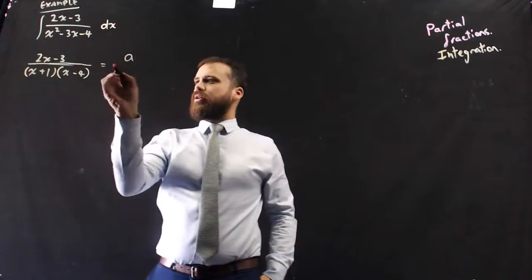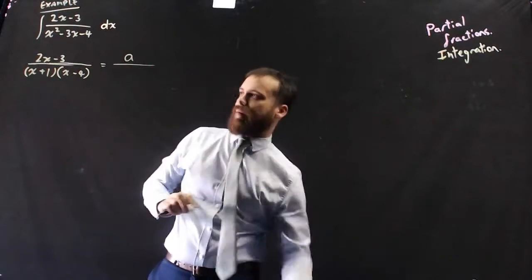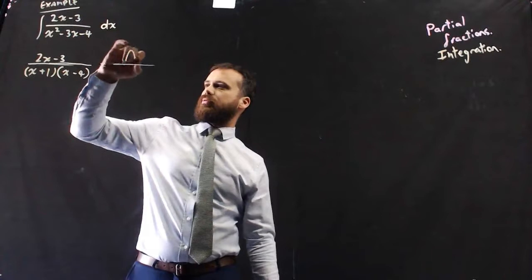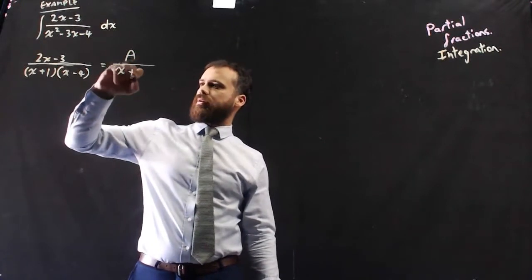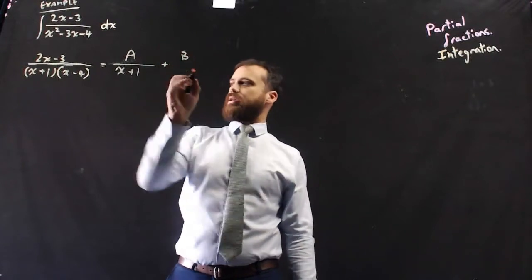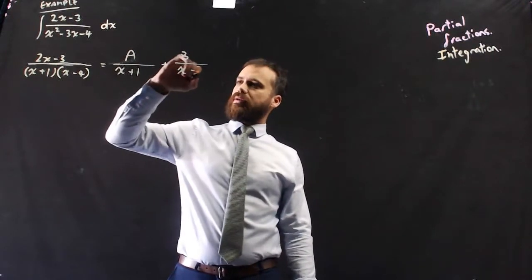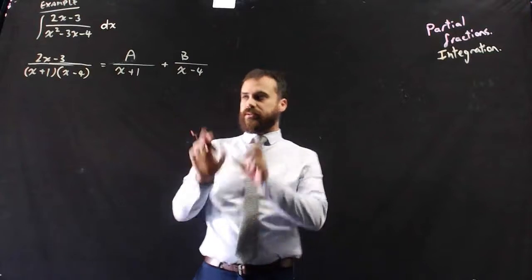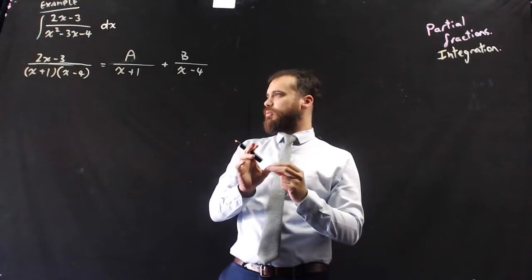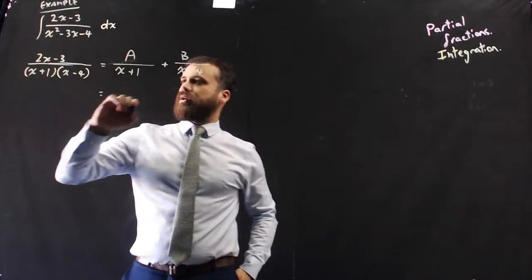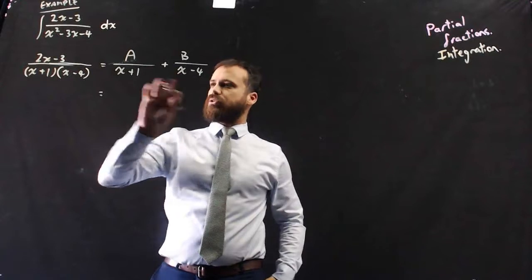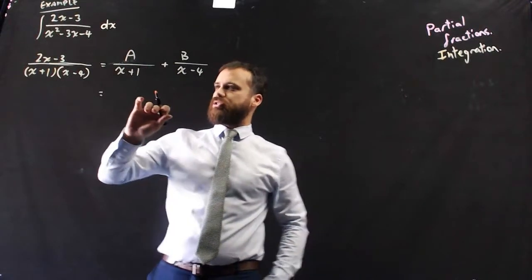So now that I've got it in that form, I can say that it's going to be equal to A over (x + 1) plus B over (x - 4), using capital letters there. Okay, good so far. Now what we're going to have to do is multiply top and bottom appropriately.